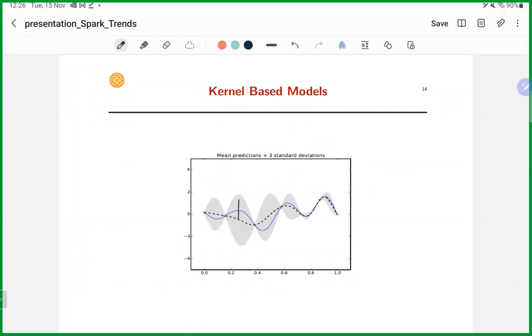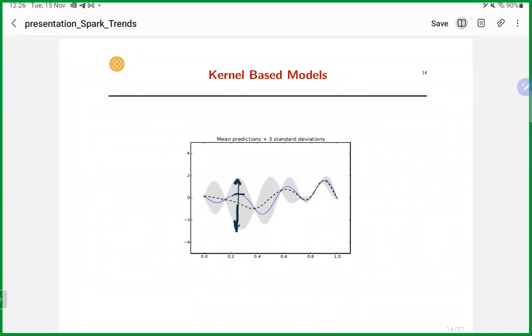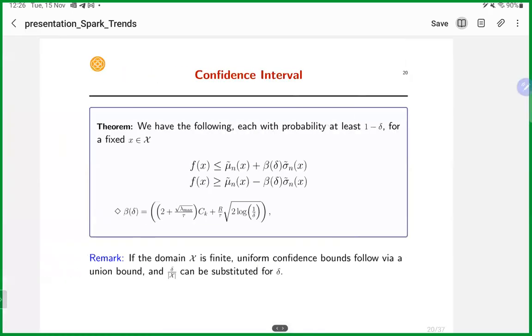I want to find these confidence intervals where the true function value remains within the confidence interval with high probability. So the theorem captures how wide this confidence interval should be, so that with high probability we can say that the function is there.